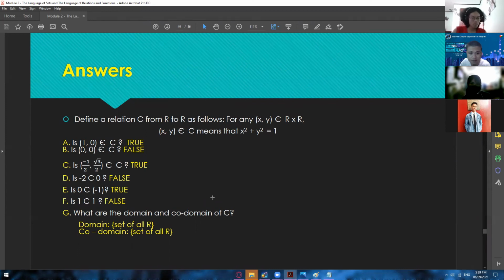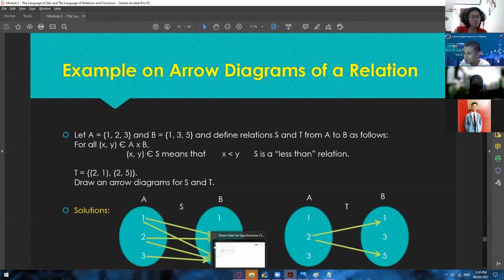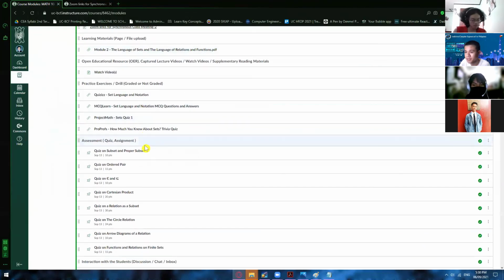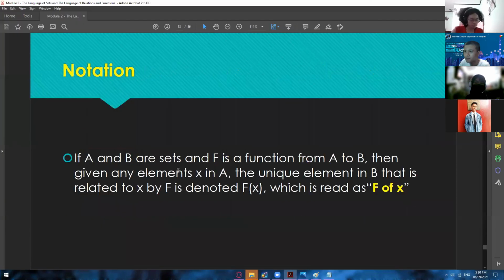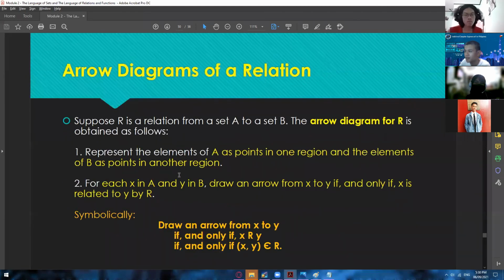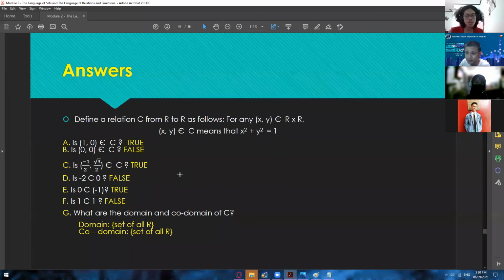We're going to have a part 4, maybe just 5 to 10 minutes, just to finish everything, so that you guys can answer those 8 quizzes, since we still have two topics left: the arrow diagrams and the function.